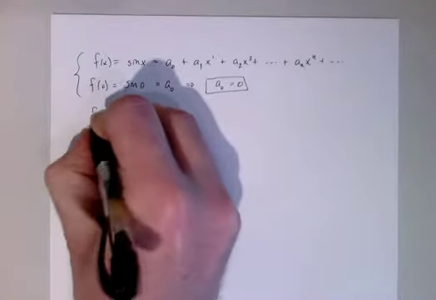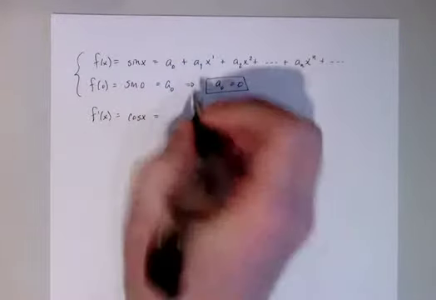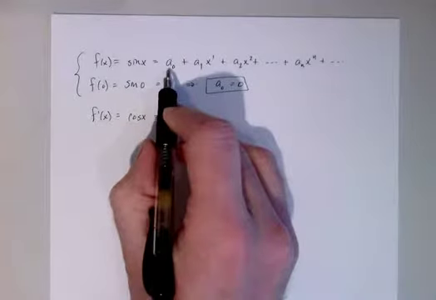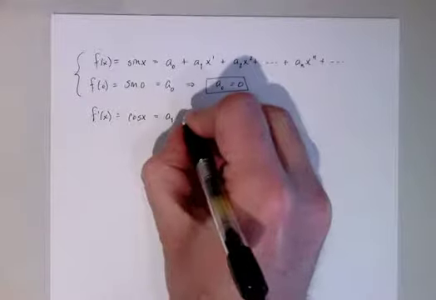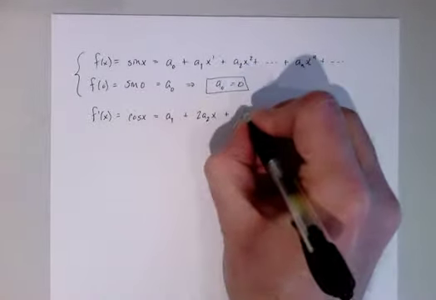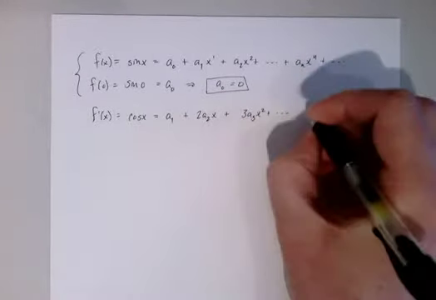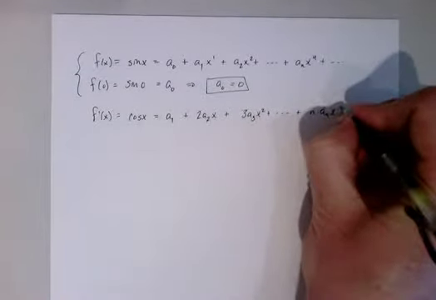Let's go ahead and take the first derivative. And that, of course, is going to be cosine. Well, if I take the derivative of that infinite polynomial, that constant becomes 0. And I'm left with a sub 1 plus 2 a sub 2 x plus 3 a sub 3 x squared plus, plus n times a sub n x to the n minus 1.